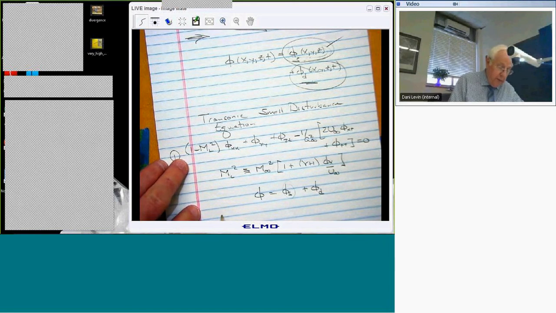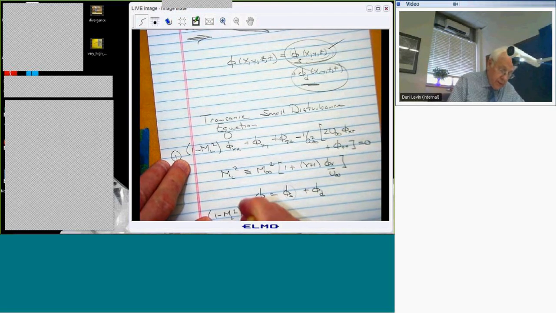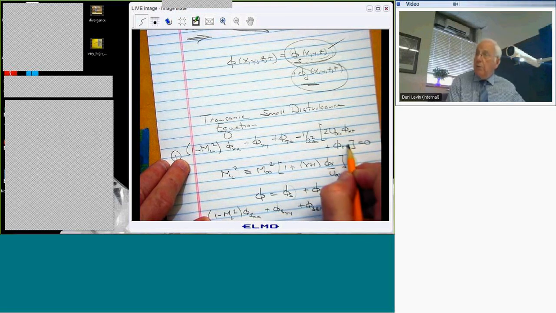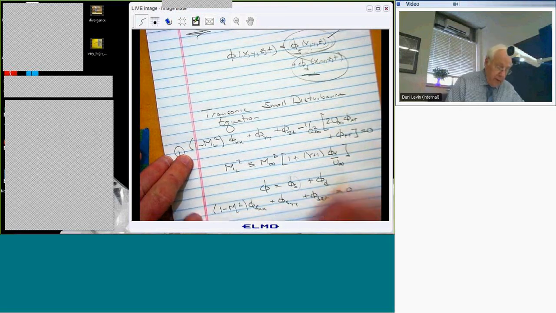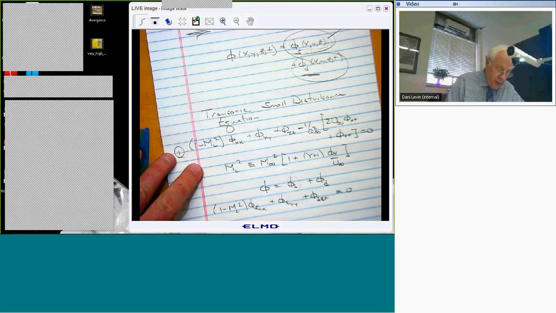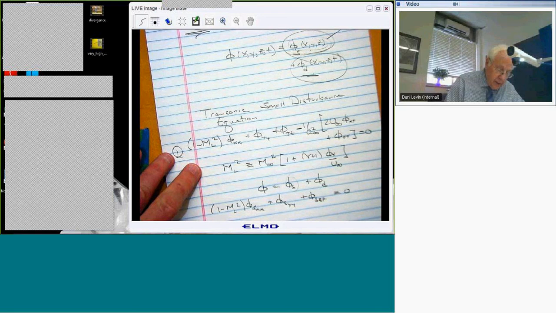So phi S satisfies 1 minus M local squared times phi S xx plus phi S yy plus phi S zz equals 0, because the time-dependent terms are 0 when I'm just computing the steady flow. And then of course the local Mach number for the steady flow is this.